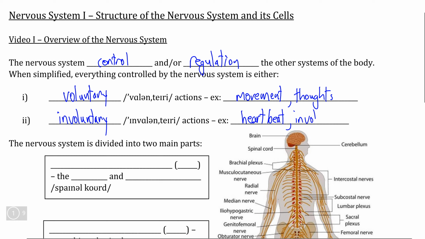We can also lump involuntary breathing into this category as well. And yes, breathing is a little bit difficult to talk about because technically we do have some control over it, such as heavy breathing during exercise. But even as I'm speaking right now, I am also breathing and not thinking about this as I'm speaking. And that, for example, is what we call involuntary or tidal breathing.